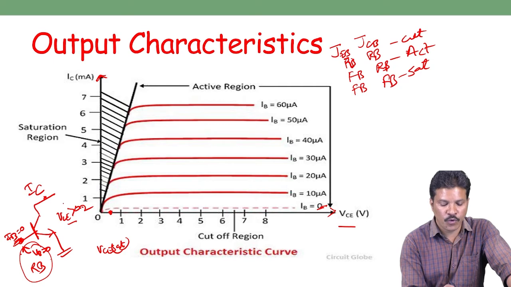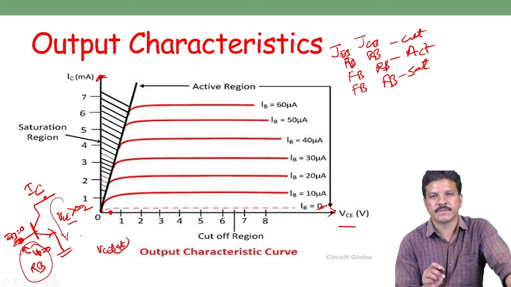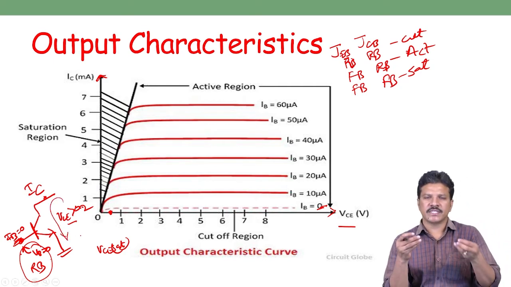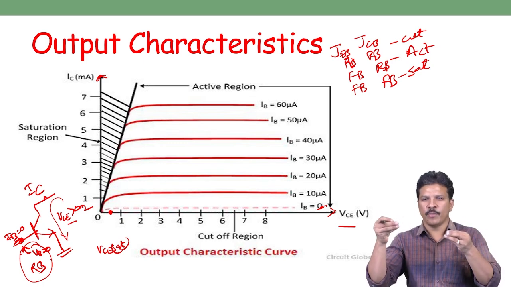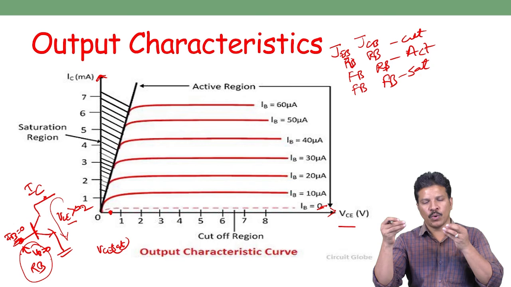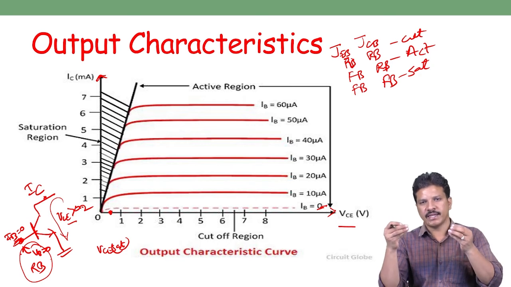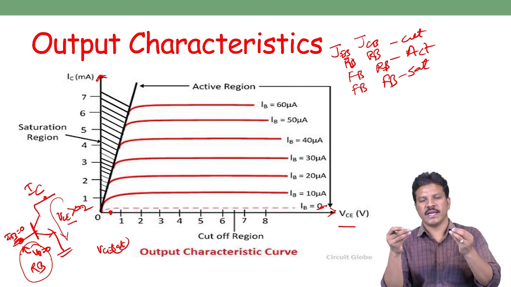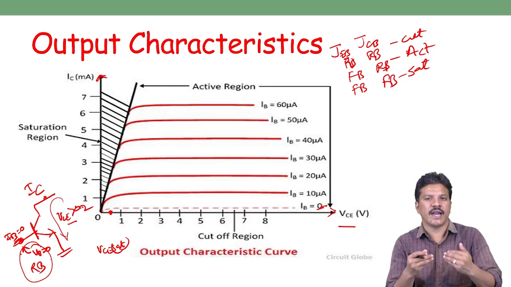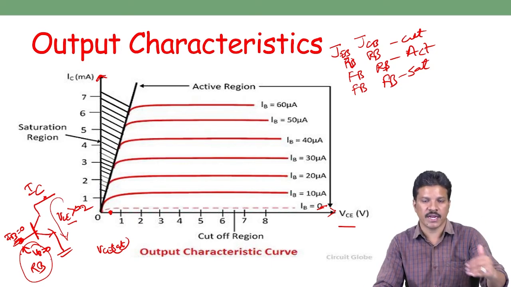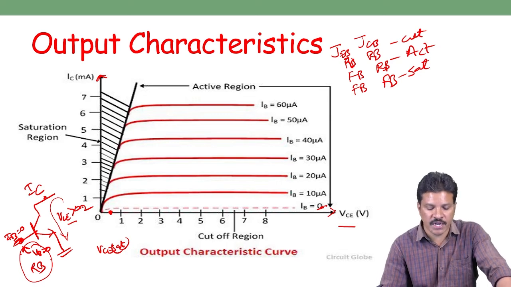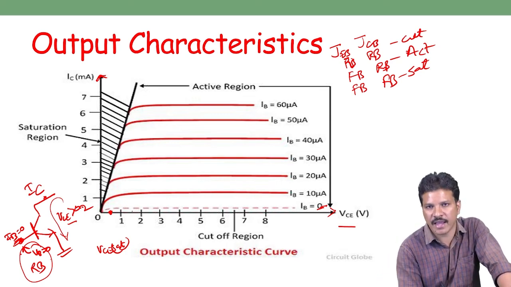So the input is an open terminal. Only current flows due to the collector to emitter reverse bias connection, between the heavily doped emitter and the moderately doped collector. Whenever two regions have reasonable doping, a significant minority current, the reverse saturation current, flows between the emitter and collector terminals. That is represented by this dashed line.